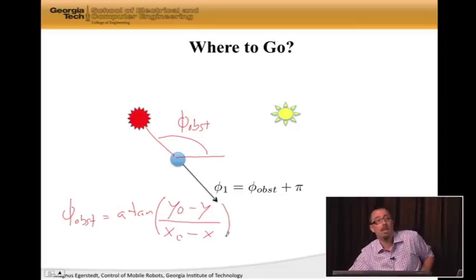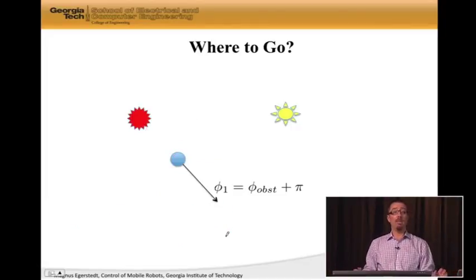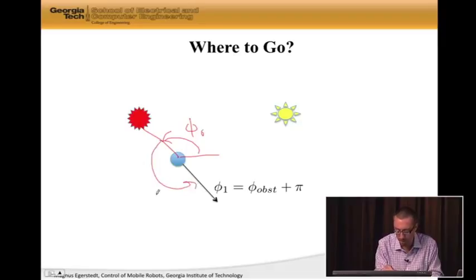So this is some way in which we compute the angle to the obstacle, and then we can say, well, phi 1, suggestion 1, which is the super paranoid robot who is avoiding obstacles at all cost, is adding pi to the mix. And by the way, why am I adding pi and not subtracting pi? Right, so here is the angle I want to go to, this is phi_obst. And what I'm doing now is I'm adding pi.